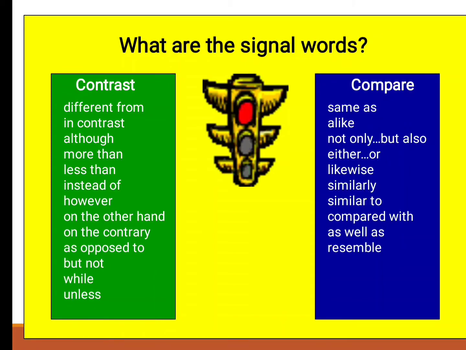And compare words are in the blue box: same as, alike, not only, but also, either, or, likewise, and so on. So these are the words that you can use for compare and contrast paragraphs.